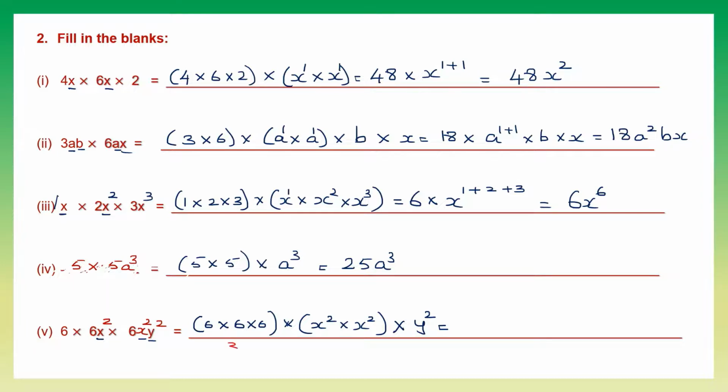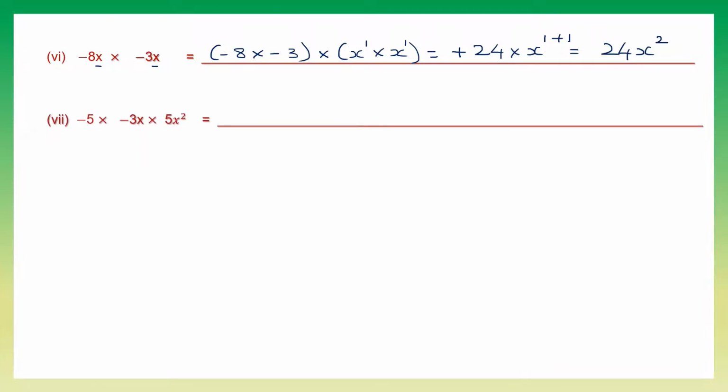So let's multiply that here. 6 6s are 36, carry 3. 6 3s are 18, 19, 20, 21. So we get 216 when we multiply the numbers into x to the power of 2 plus 2 into y to the power of 2. So what does this give us? 216 x to the power of 4 and y square. So this is our answer here.